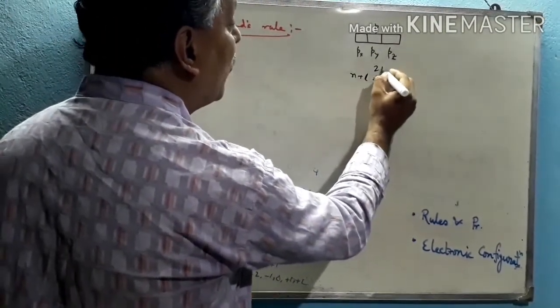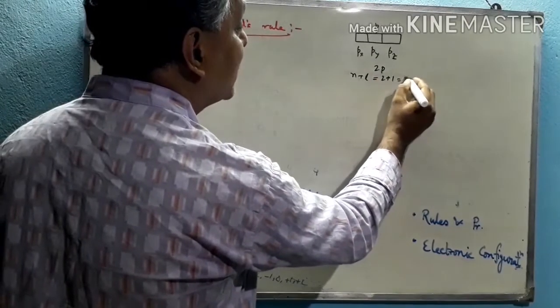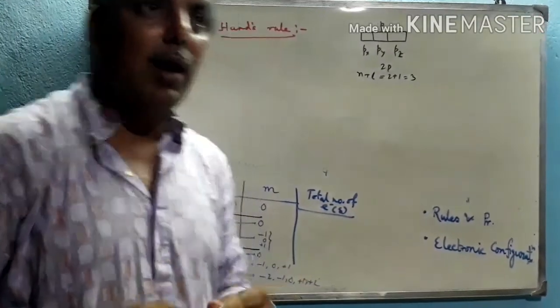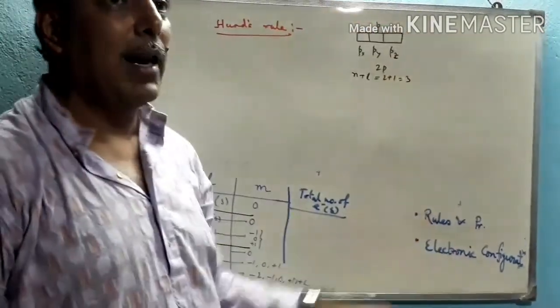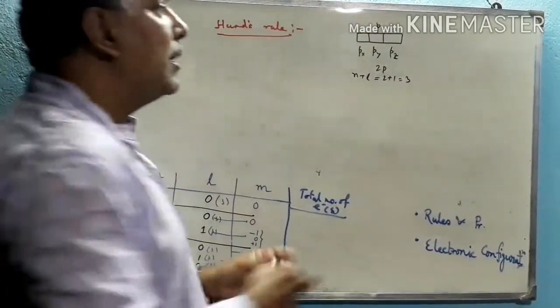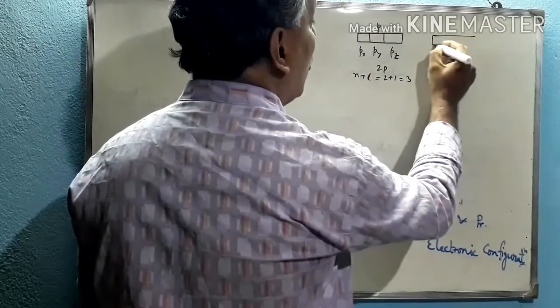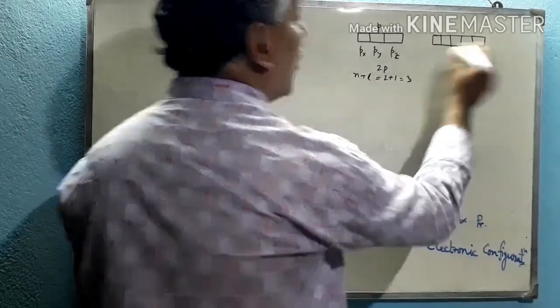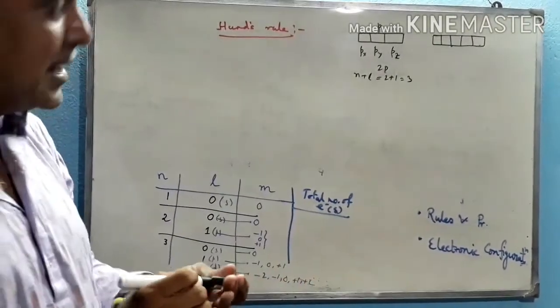Suppose it is 2p, for 2p it is 2 plus 1, that means 3. For all these orbitals, the n plus l values are equal. So they are at the same energy level, and such orbitals are called degenerate orbitals. Like this, all the 5 d orbitals are a set of degenerate orbitals. So for all these 5 orbitals, the energy remains the same.